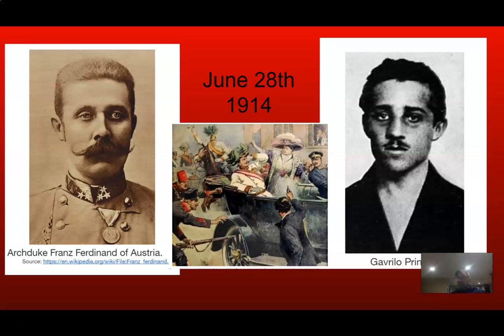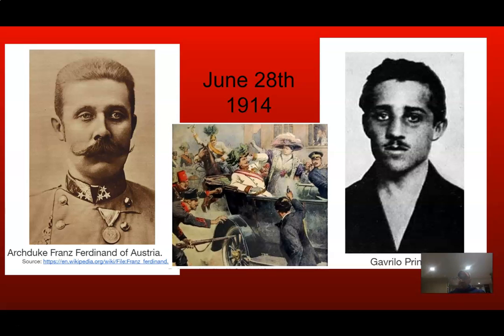And as a result of that, on June 28th, 1914, the Archduke Ferdinand was in almost like a parade, motorcade, going around in the city of Sarajevo in Bosnia, and there was an assassination attempt on his life by a group called the Black Hand, a nationalist terrorist organization who was fighting on behalf of the Slavic people.